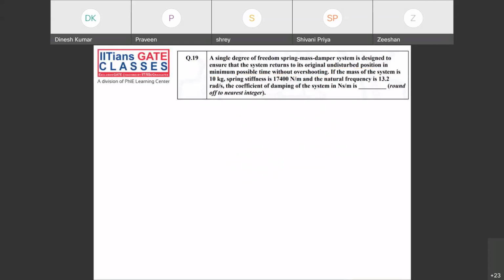Now for a critically damped system, C by Cc is equal to 1. So C is equal to Cc, and it is either 2m omega n, or it can also be written as 2 under root km. Now what happened in this question? If you use this expression, you will get one answer.